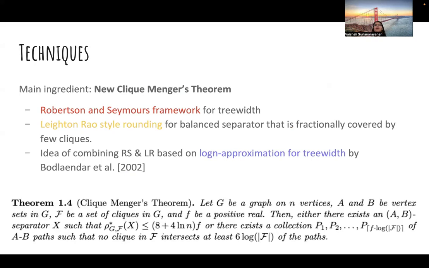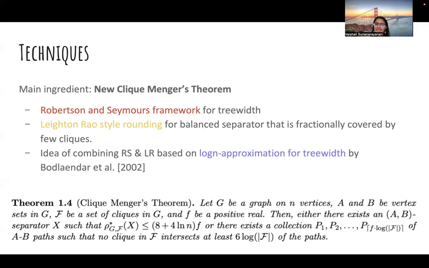Okay, and I also told you that along the way we have this new Clique-Menger theorem, which is our main ingredient. Let's look at what this Clique-Menger theorem is. Here we are given a graph G on n vertices, two subsets A and B of vertices of the graph, and also a set of cliques in G. Then we show that there exists an AB separator which can be covered by a few cliques, or there exists a collection of paths such that no clique in F intersects more than some number of paths, right?